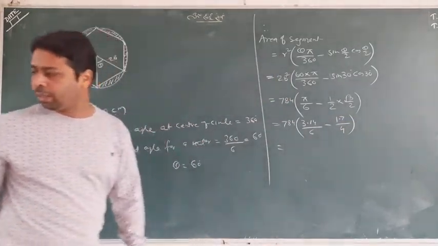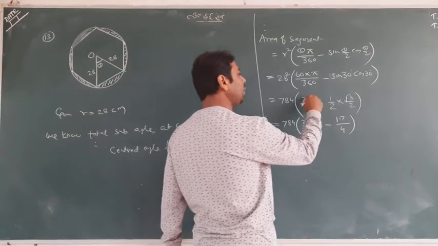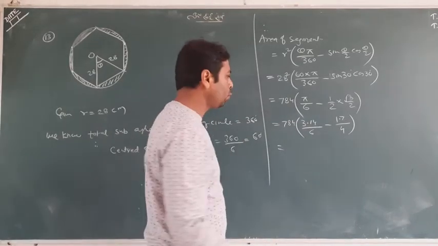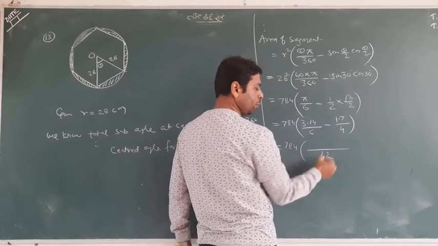Now how can we find the answer? 22 upon 7 we are told, but okay, we are putting 3.14, it makes no difference. 784, I'll go with the LCM 12.